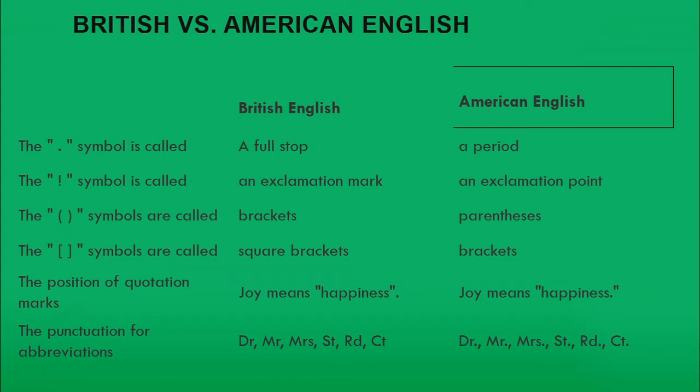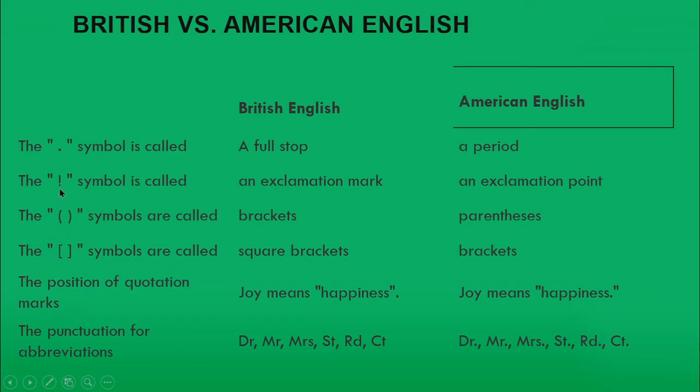So what are the differences between British and American English while using punctuation marks? Here you can see this dot symbol, and this is called a full stop in British English and a period in American English.